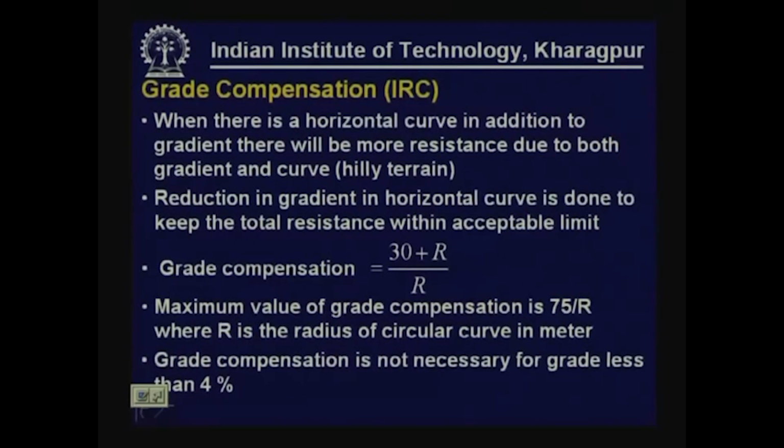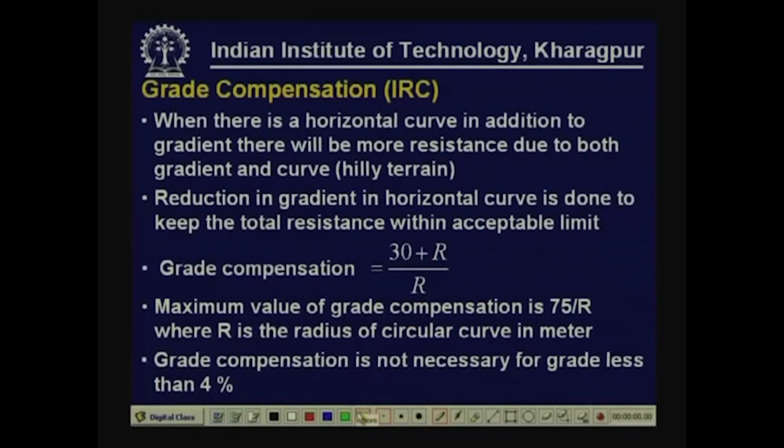Now, why will there be additional resistance? We also discussed earlier about the curve resistance, but let us again try to refresh our memory. Suppose this is the tractive force which is available in the direction of movement, and the vehicle is negotiating a horizontal curve.